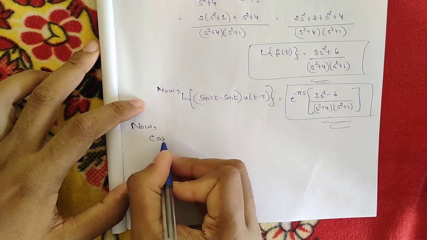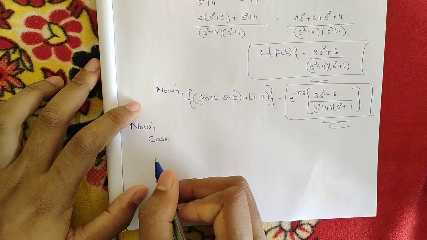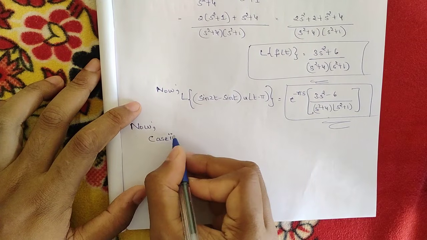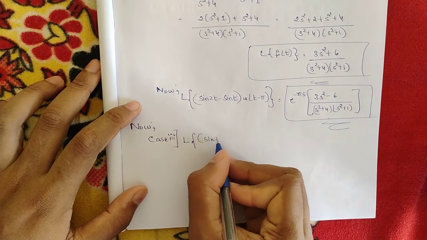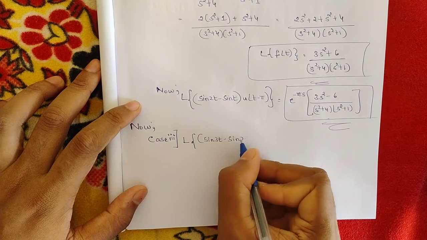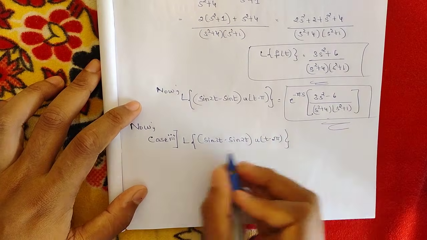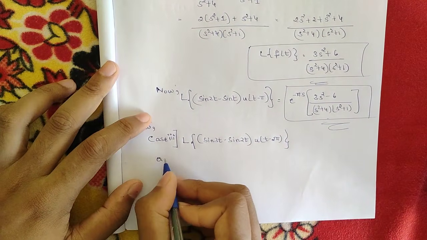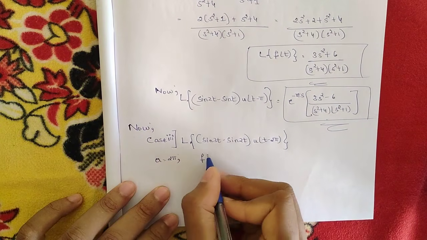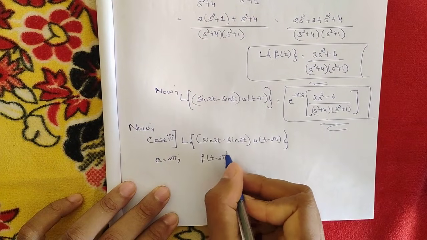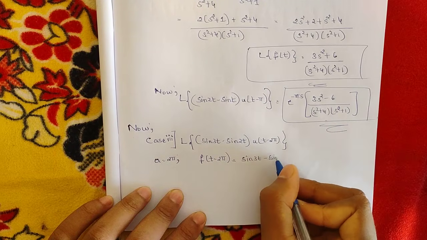Now, in a similar way to how we solved case 2, we solve case 3. That is the Laplace transform of sin 3t minus sin 2t, u of t minus 2 pi. Okay, so this time the value of a is 2 pi. And f of t minus a, that is t minus 2 pi, is given by sin 3t minus sin 2t.